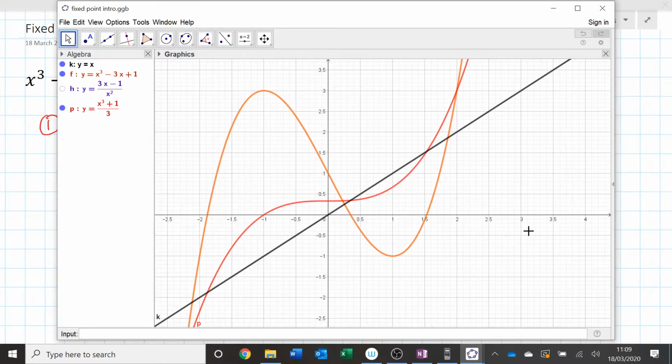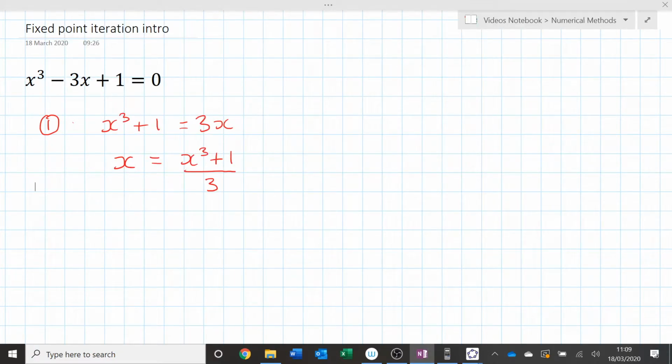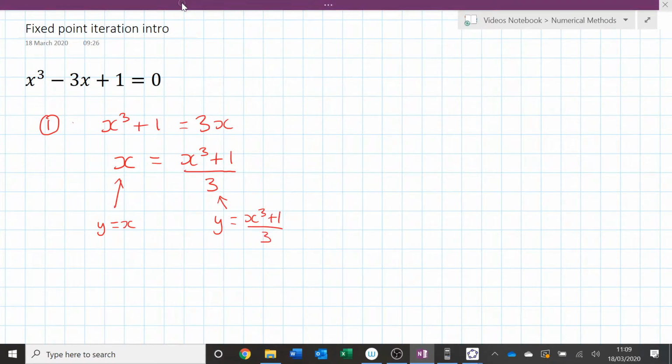Now, if you look very carefully on this graph, you will see that wherever y equals x and x cubed plus 1 over 3 intersect, i.e. here, here, and here, they actually perfectly line up with a root of the original cubic. So to say that again, any points where y equals x and y equals this, if they intersect, we also have a root of this equation.